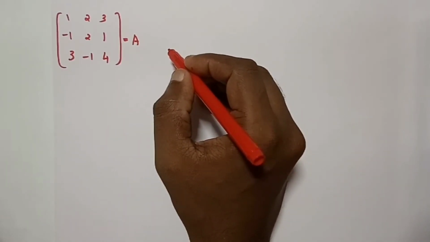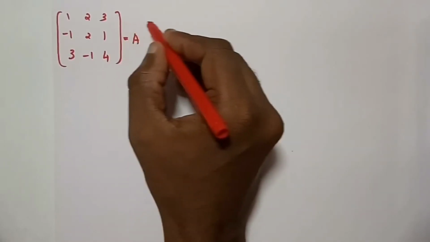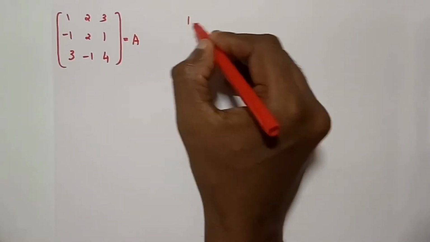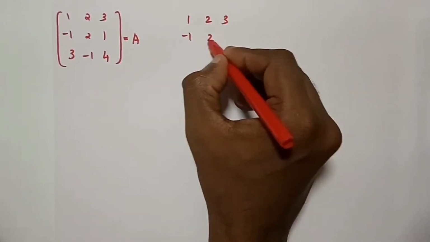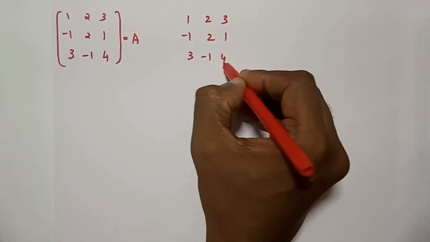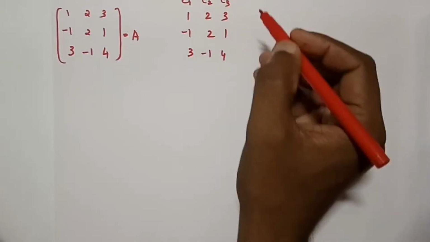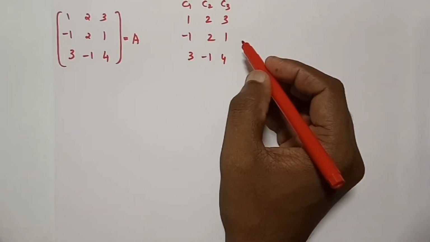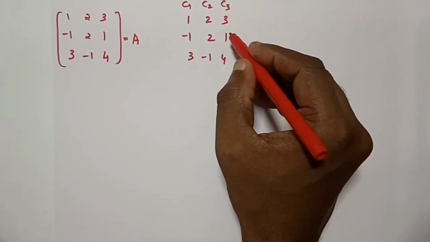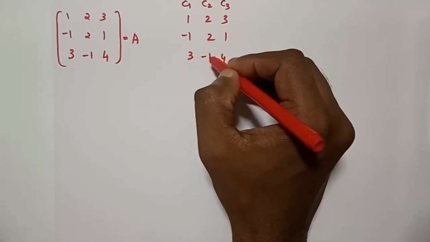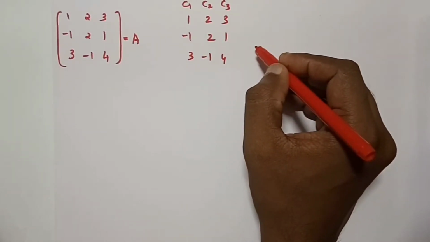So what I'm going to do here is, this matrix basically has how many columns? It has 3 columns, right? The first column is C1, C2 is the second column, and C3 is the third column. I'm just going to rewrite the first 2 columns over here, on this side.